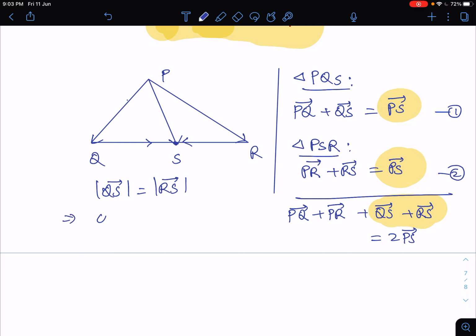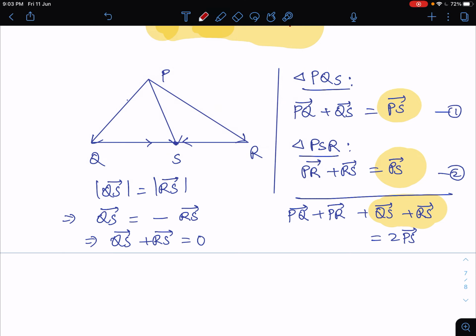Both have the same magnitude but anti-parallel direction, so QS plus RS is 0.